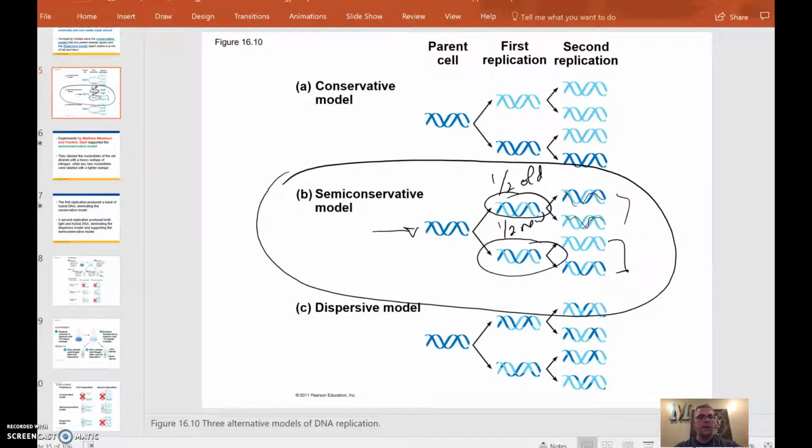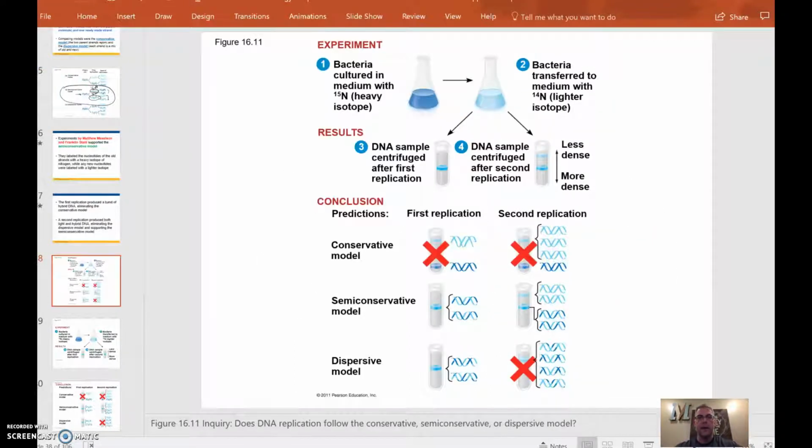Okay? And how we came to that conclusion, if we take a look at this particular experiment here, what we're going to notice is that when we look at the way in which the replication took place with the heavy isotope 15 being the dark blue and the lighter isotope of nitrogen 14 being the light blue, and using a centrifuge to be able to separate that and check by density, what we found is that when we look at the first replication, we found a single band.